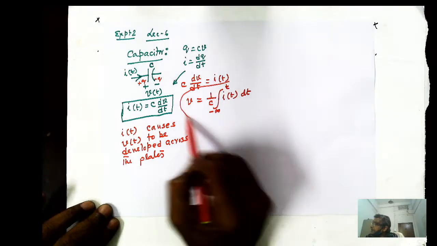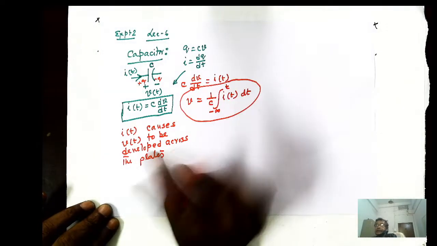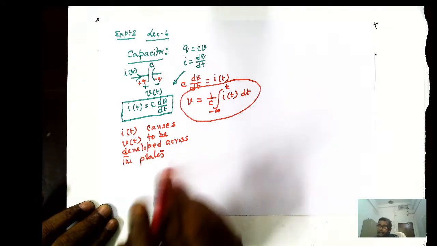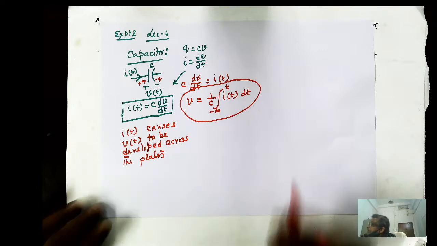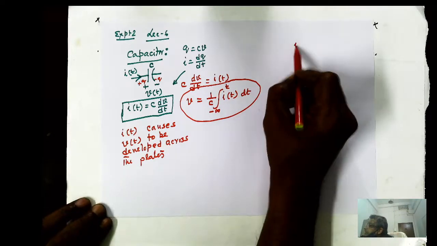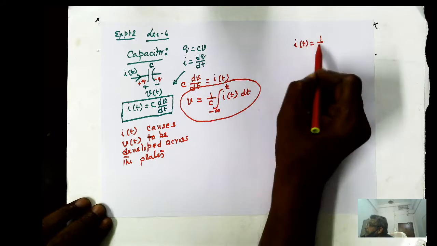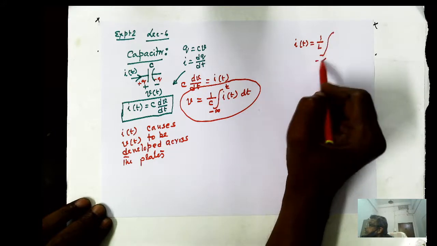So i(t) is the cause, and v(t) is the effect. You must pass some current, then only will the capacitor develop some voltage. In case of an inductor, you must apply some voltage for a certain time so that there will be some current in the inductor. So a capacitor is often called a dual element. Remember, in case of an inductor it was 1 over L, minus infinity to t, v(t) dt.